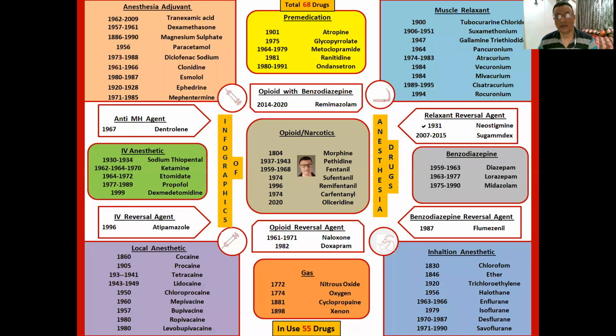In these slides, you can see there are 68 drugs invented in our armamentarium, and out of these, 55 drugs we are still using. Another 10 drugs we are also using, but not regularly, only very occasionally, once or twice in a year.